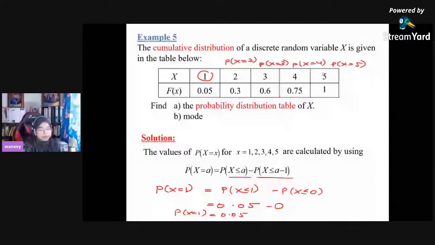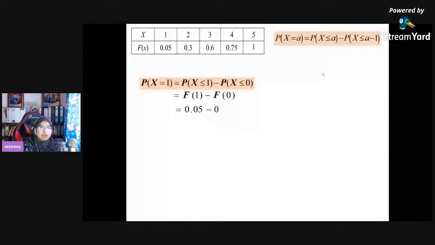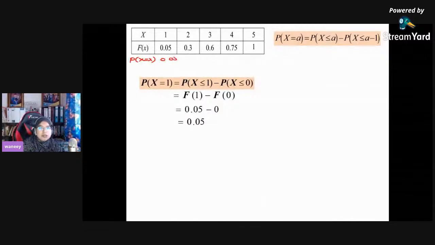Okay, x. So this one I already calculated before this. So the probability of x equal to 1 is simply 0.05. Okay, so let me write down over here P(X = x). So this is 0.05. Okay, so how do we get the probability for x equal to 2? So it should minus this one, right?